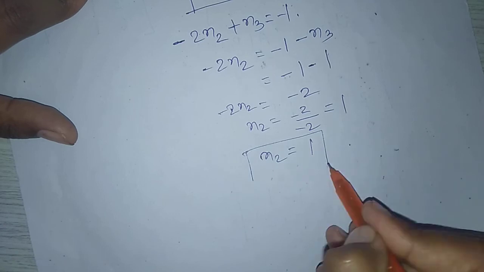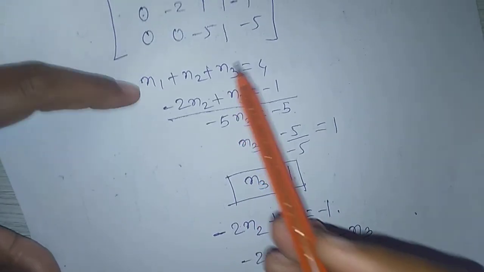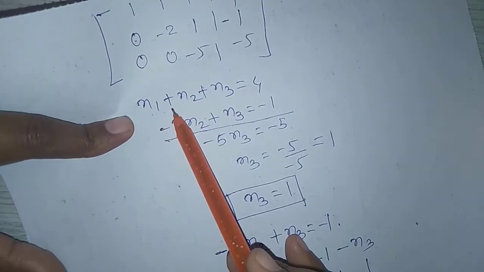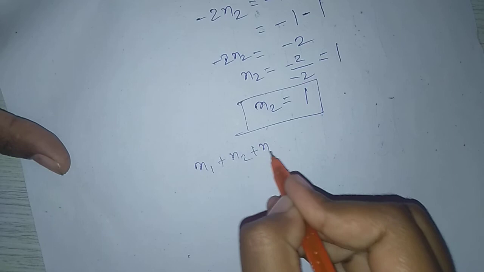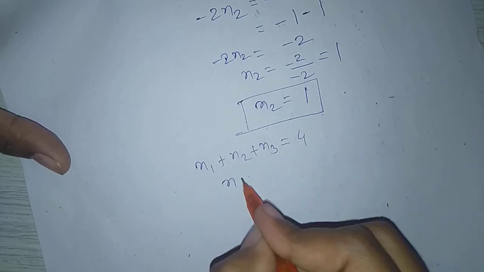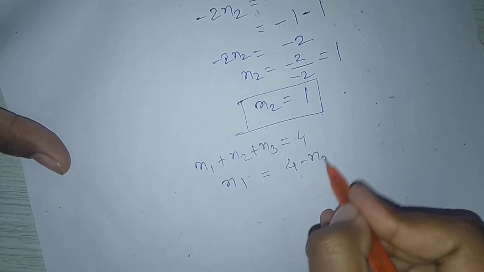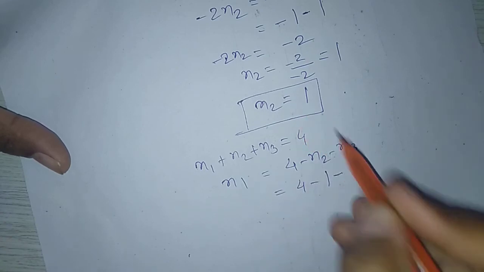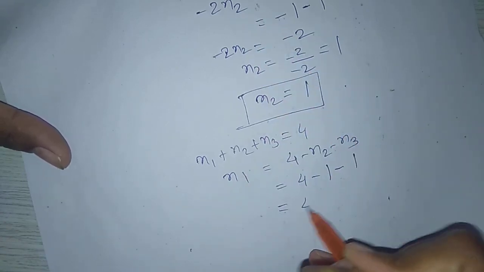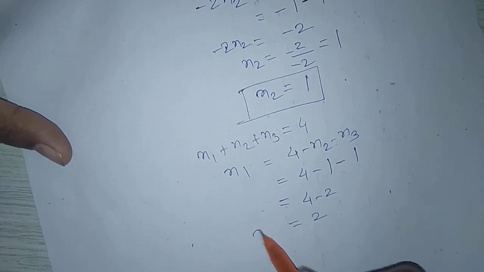To find the value of x1, we use the equation x1 plus x2 plus x3 equal to 4. So x1 equals 4 minus x2 minus x3, equal to 4 minus 1 minus 1, which is 2. Therefore x1 equals 2.